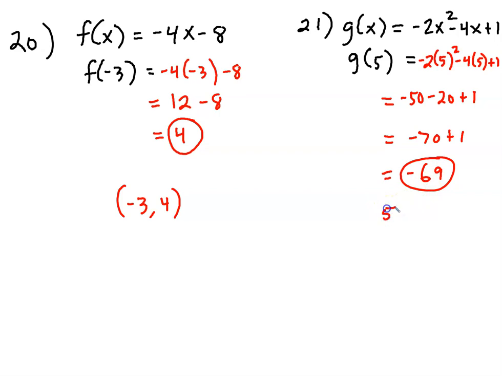So on this particular parabola, the point 5, -69 exists, is what that really says. But all you have to come up with is the output. I'll give you the input, you tell me the output. I'll give you the domain, you tell me the range.